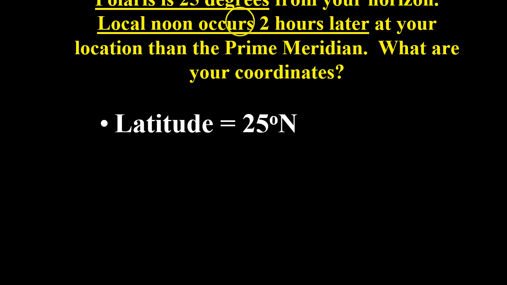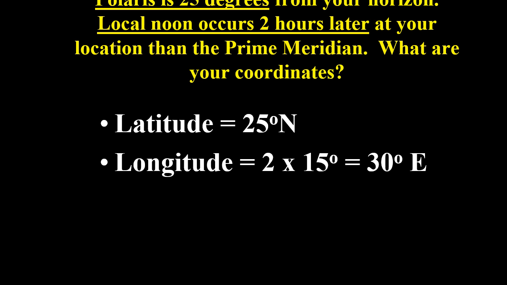And it also says it's later at our location than it is at the prime meridian. So if 2 hours is our time difference, we then need to multiply that by 15 degrees. So we multiply that to get 30. And we know we're at east because it's later. West early, east later. So our line of longitude is 30 degrees east.